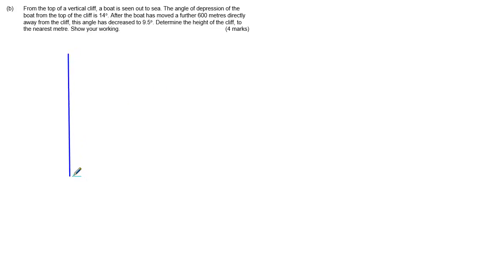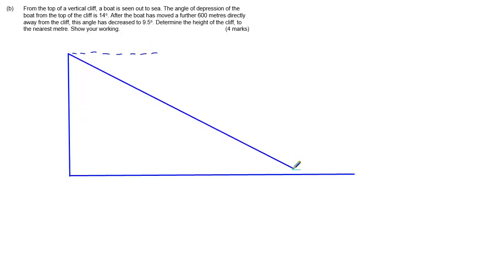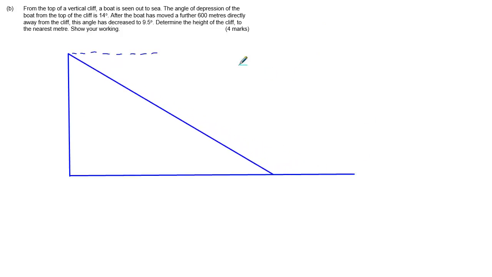So a good diagram is needed here. This is the cliff, and here is the sea, and this is the horizontal here. The original position is, say, here, and this angle is 14 degrees. Of course, this one's a right angle.